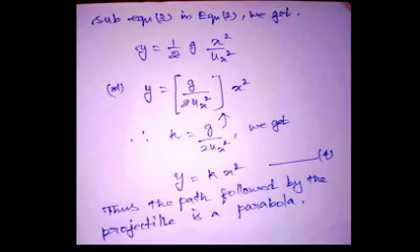Taking x square outside because it is the variable, and the other terms are constant, we get y equal to g divided by 2 u of x square, into x square. Since this whole term is a constant, we can replace it with k, and we get y equal to k x square.